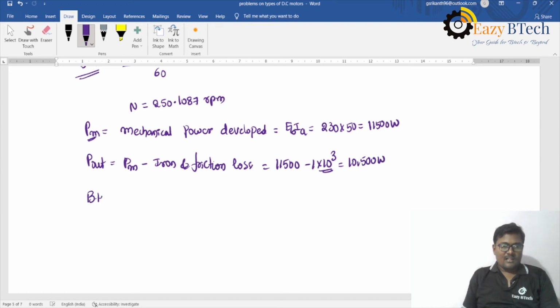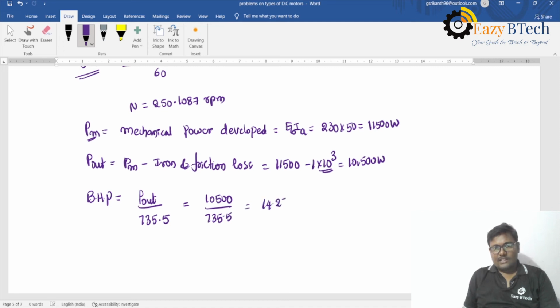So BHP is equal to power output divided by 735.5. So P output is 10,500 divided by 735.5, that is 14.276, that is in terms of BHP.